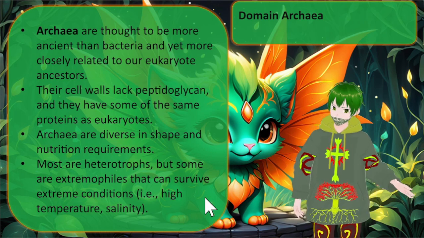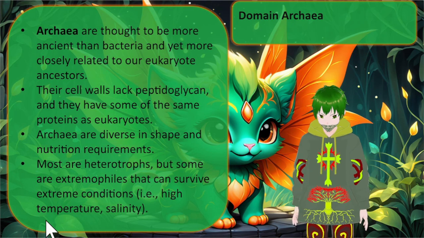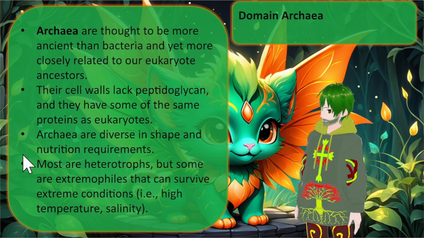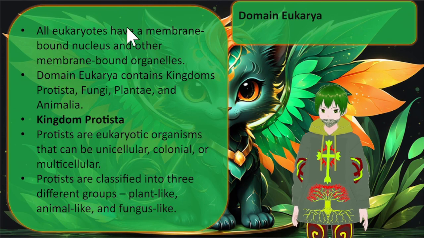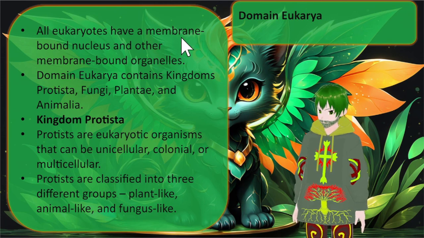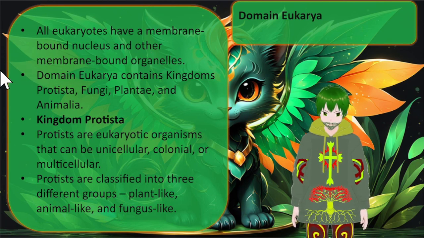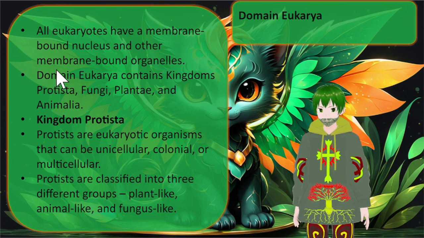And the extremophiles that live in the highest temperature, highest salinity, highest sugar concentrations tend to come from not bacteria, but from these archaea. Now, all eukaryotes have a membrane-bound nucleus and other membrane-bound organelles, such as mitochondrion.